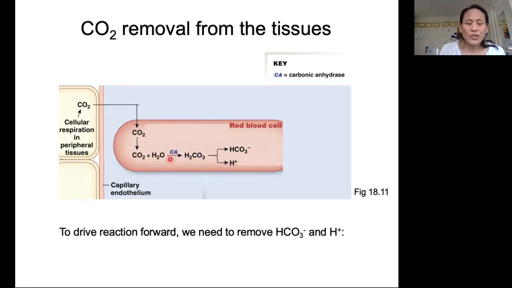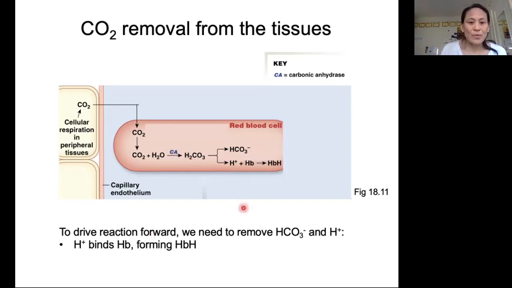I simplified there, but essentially that's what happens. Now, in order for this forward reaction to proceed, we're going to need to get rid of these products, based on the principles of equilibrium. We're going to need to do that in some way, and this is how we do it.